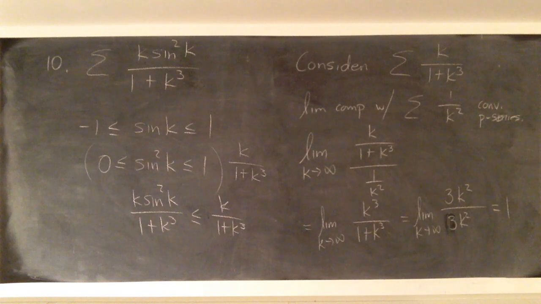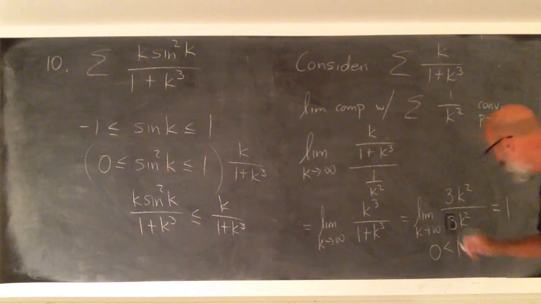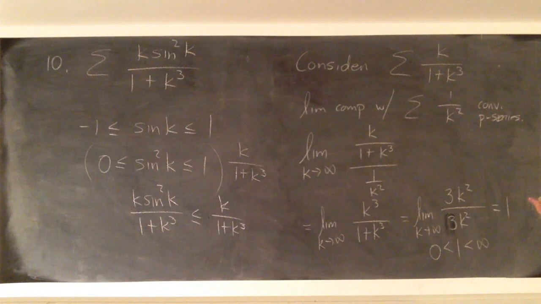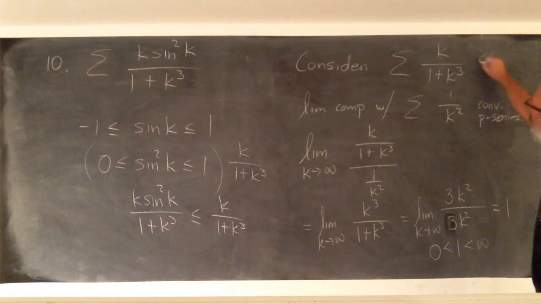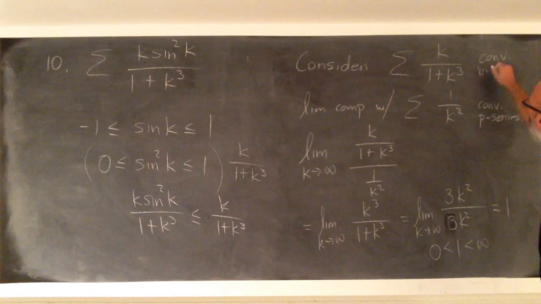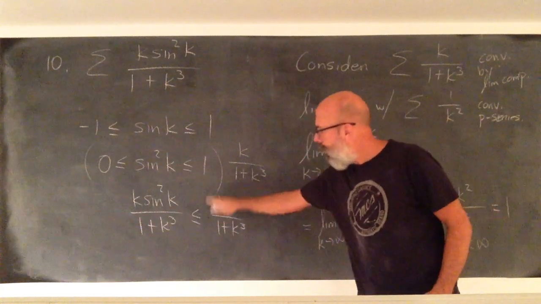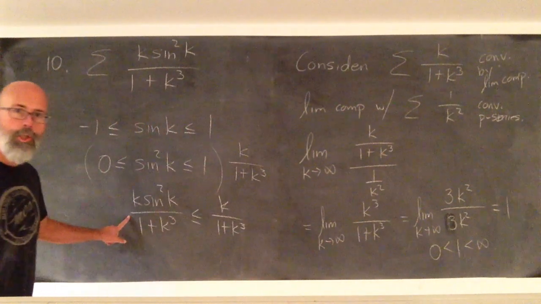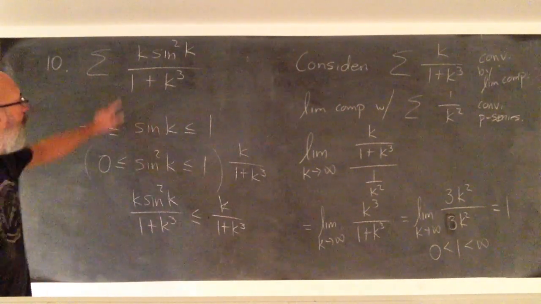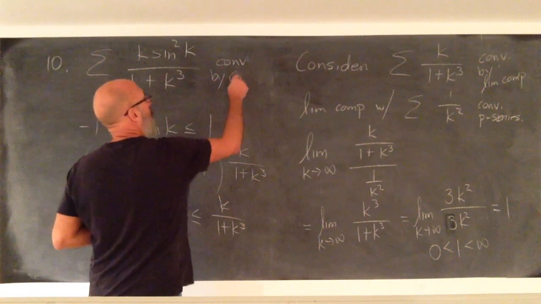Once again, we get a limit of 1. 1 is between 0 and infinity, so both series converge, or both series diverge, so this series converges by the limit comparison test. And since this series converges, then the smaller series converges by comparison. So this converges by the comparison test.